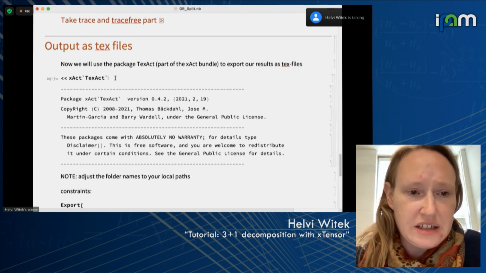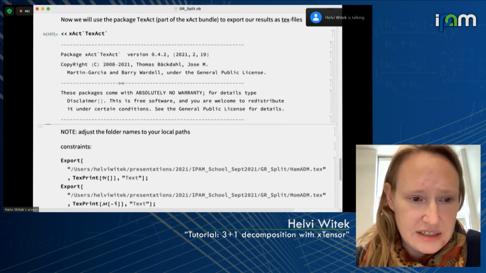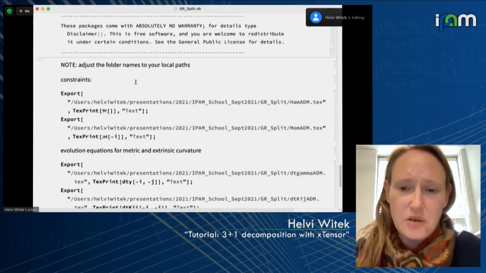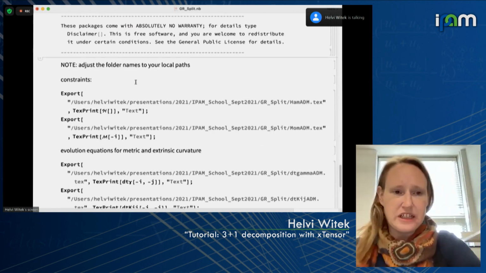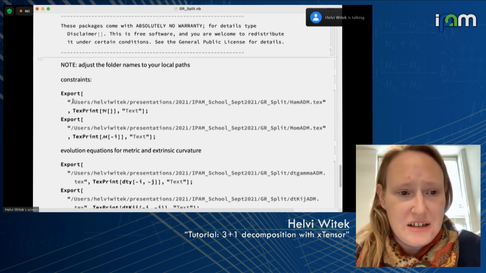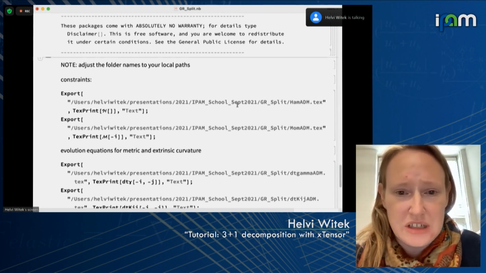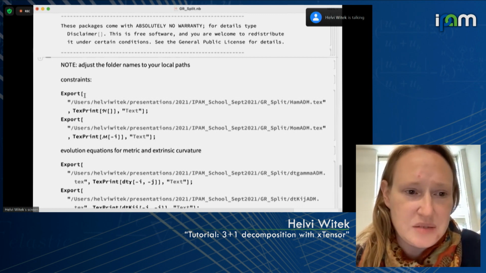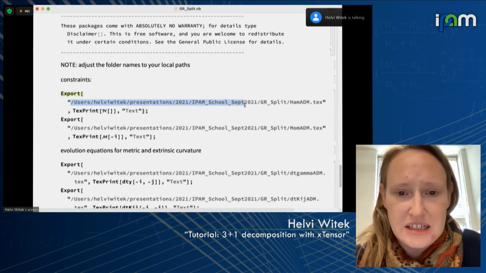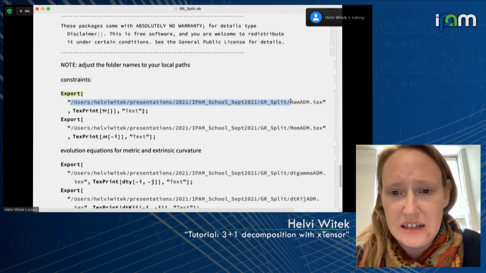If you do that locally in your own folder, you will have to adjust the path where you want to export it. Here, export gives a path name for the file, and then the last bit is the name of the file, .tex.